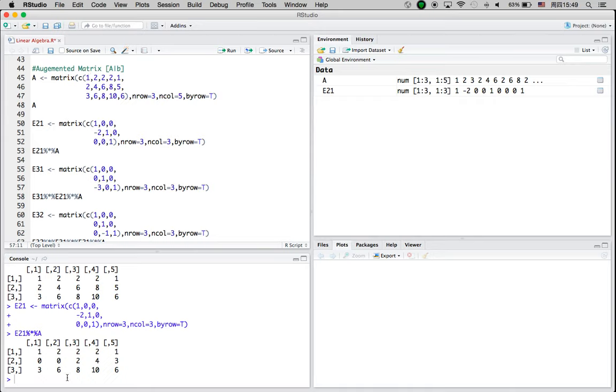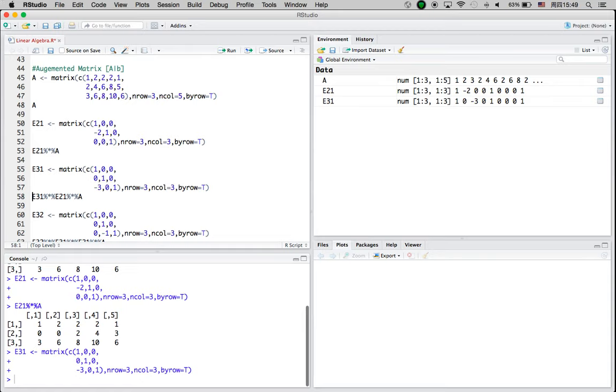And after the first elimination, we also want to subtract 3 times the first row from the third row. So we put a negative 3 inside the identity matrix and create E31.